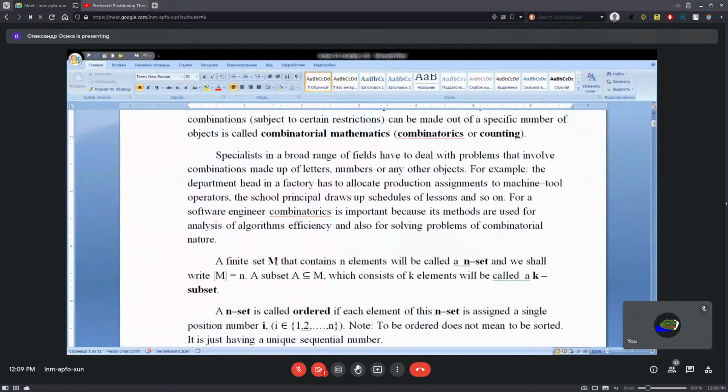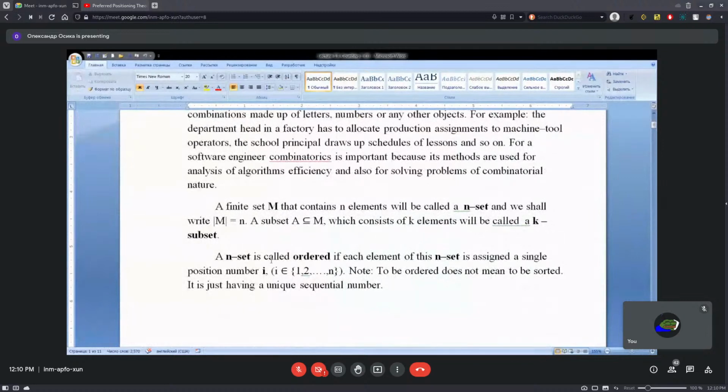A finite set M that contains n elements will be called an n-set, and we shall denote it like |M| = n, to indicate that the number of elements in this set is equal to n, the cardinality of M. A subset A of the set M, which consists of k elements, will be called a k-subset.